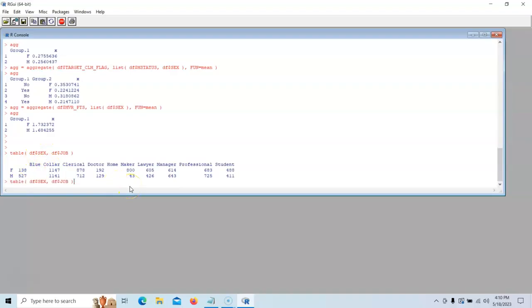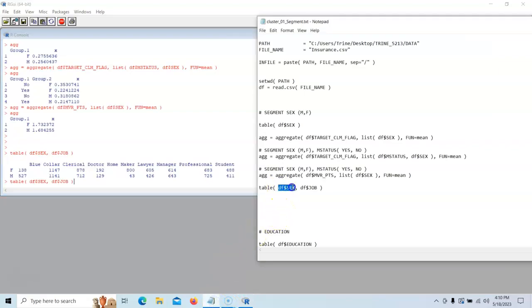I would prefer it to be in a column format, so let's put the job first, and then let's put sex next.